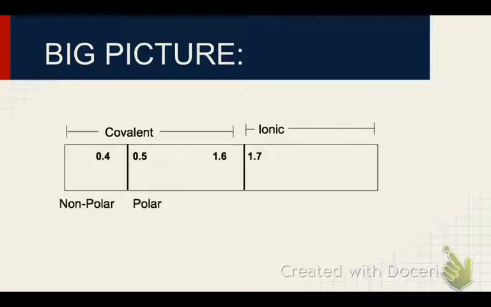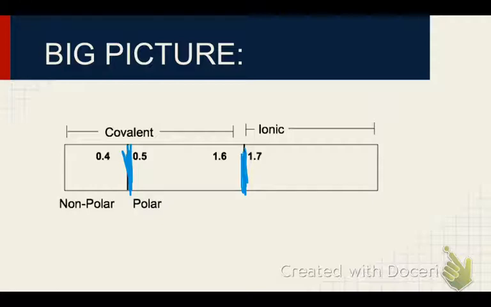So on your periodic table, I need for you to, down in the bottom, mark up your little scale. It says percent ionic character of a chemical bond. And so between the 0.4 and the 0.5, I need for you to make a solid vertical line there. And I also need you to make a solid vertical line between 1.6 and 1.7.